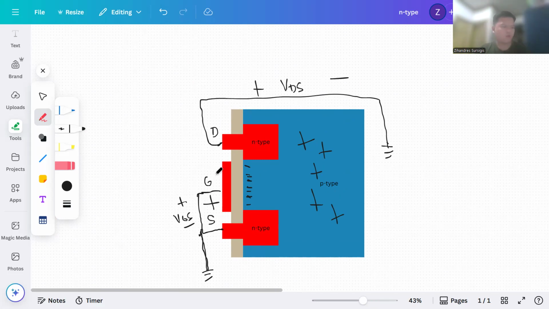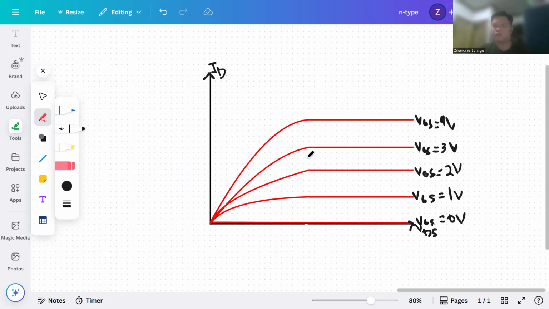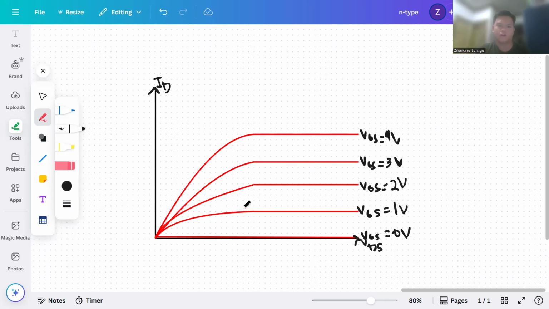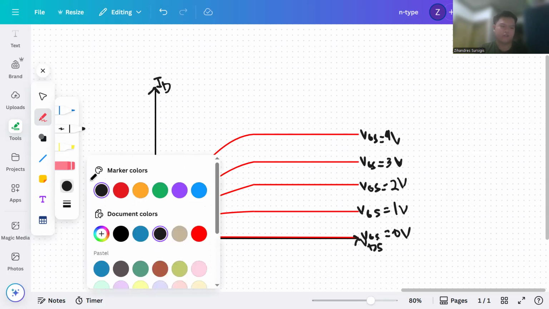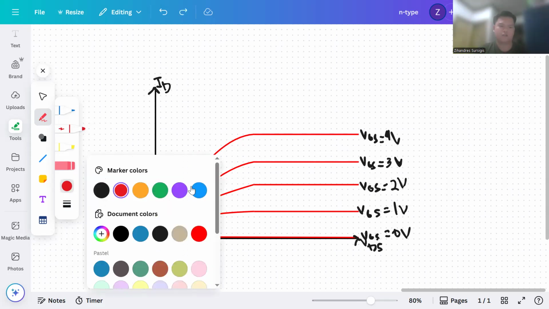Okay, but the thing is, kapag the non-idealities were now considered, the graph actually looks like this. Let's say blue.